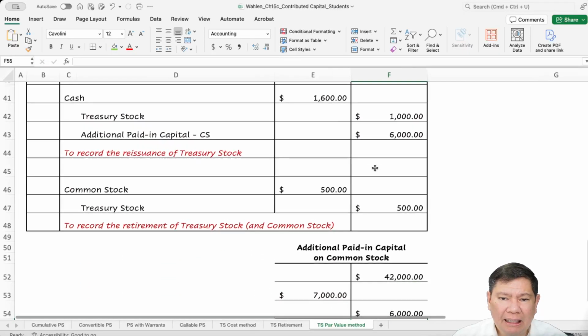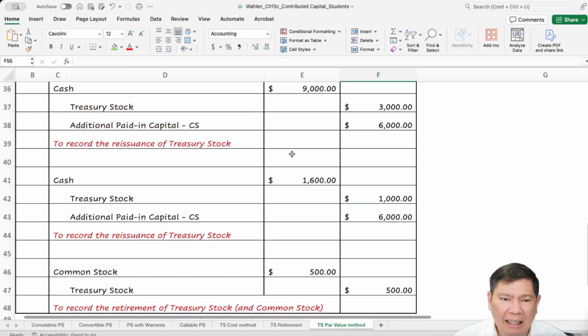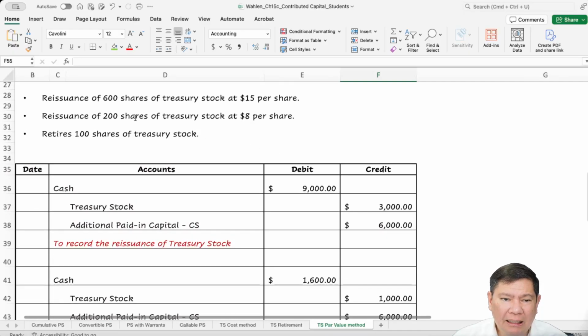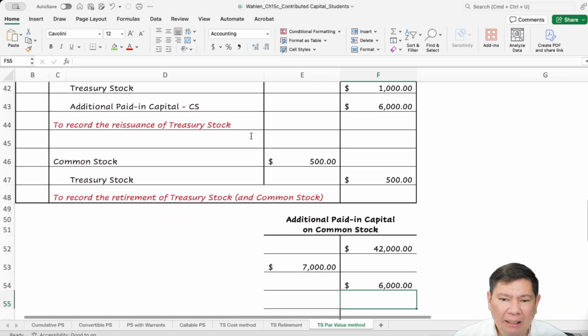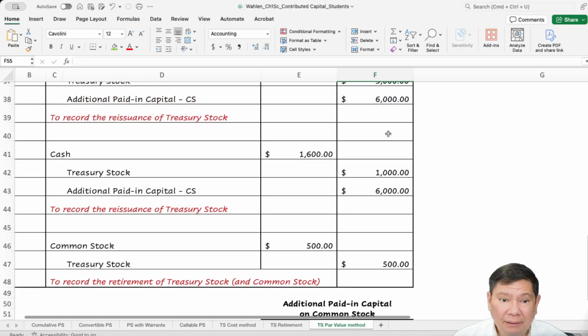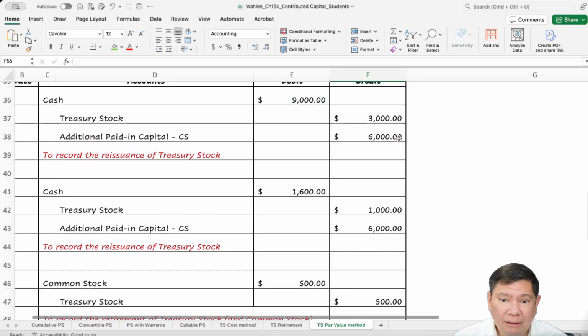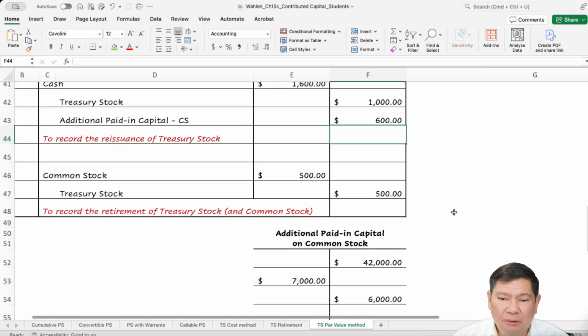And then for the second transaction selling 200 shares at 8, we put 600, a debit. That looks better.